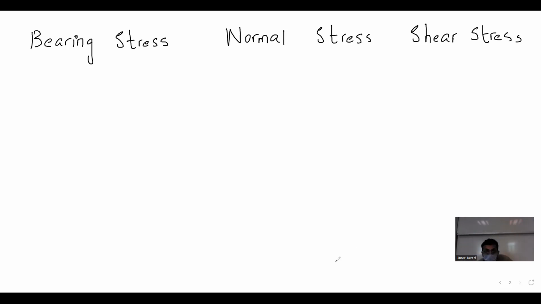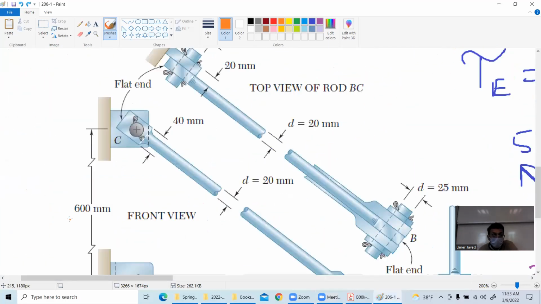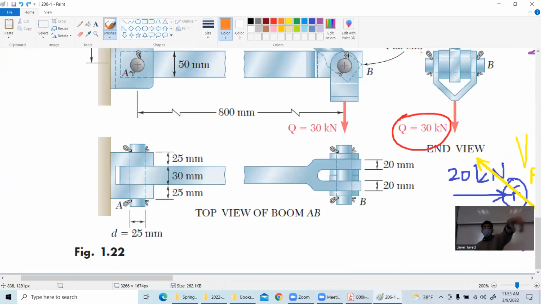I will explain this by going back one more time. Look, let me zoom it in for you. You remember this? We kept on saying, focus on here. You remember we said that the bar, this one, is subjected to compression.